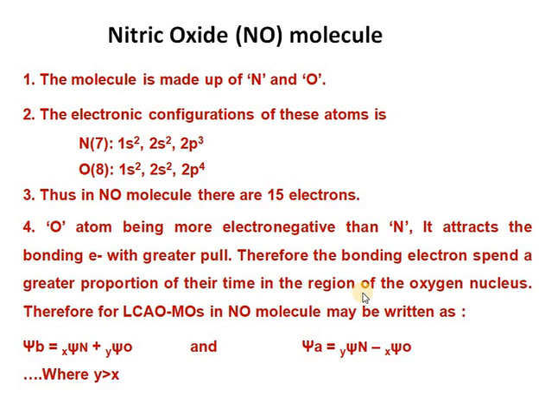Atomic orbitals of nitrogen and oxygen do not contribute equally to the molecular orbitals, and therefore the coefficients of the atomic orbitals of oxygen are greater for the bonding molecular orbitals and smaller for the antibonding molecular orbitals.